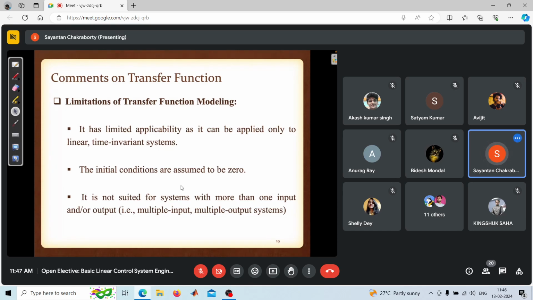So let us now take some examples of transfer function and how we can derive the transfer function.